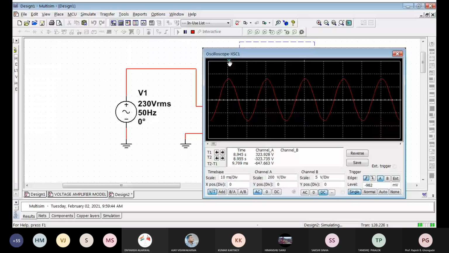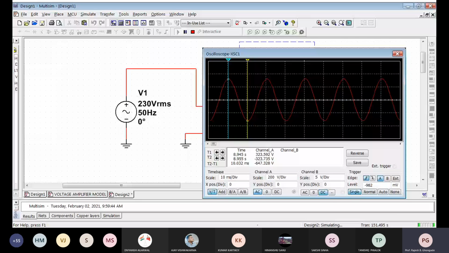Multiplied by √2. Multiplied by what? √2, root 2. Okay, then do it.